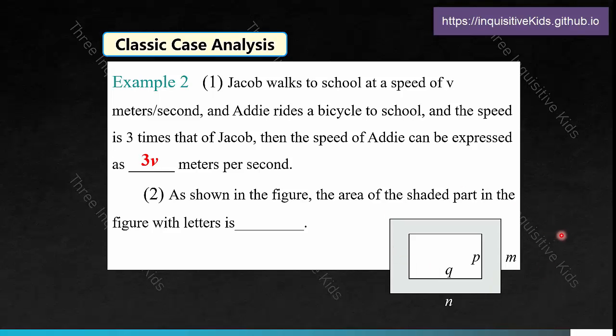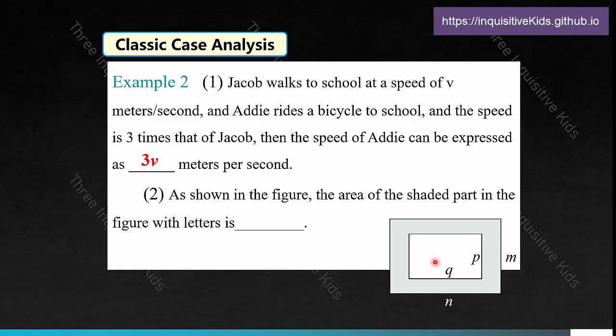And then, as shown in the figure over here, the area of the shaded part in the figure with letters is, so we're asking for the area of this frame. Well, we know the height and the base length of each of these smaller rectangles. Then all we really have to do is first find the area of both of these, and then subtract the area of the smaller rectangle from the larger rectangle.